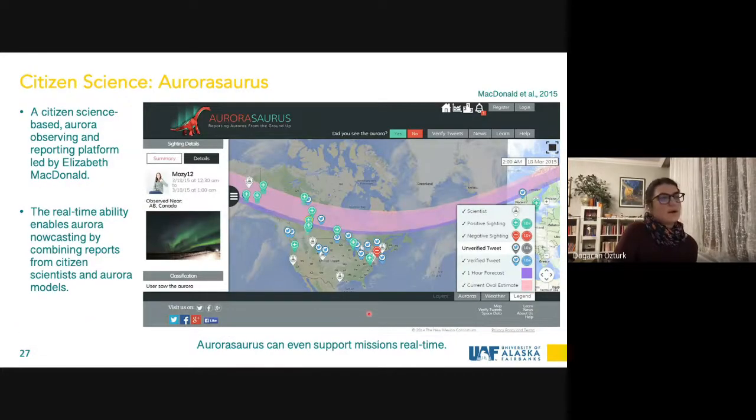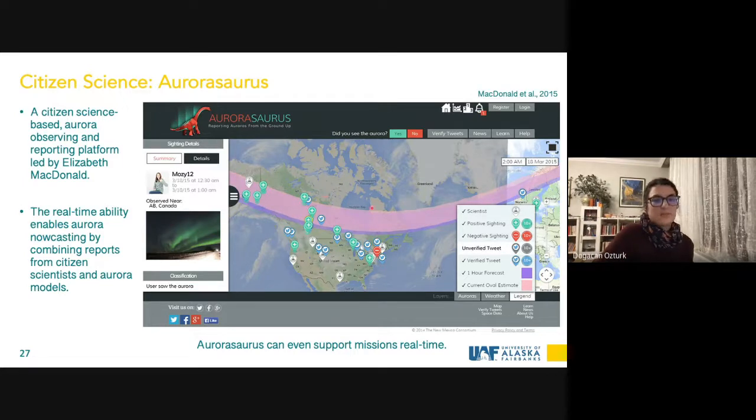Understanding aurora has various benefits, and it also helps us communicate the type of science we do better. One great example of this is AuroraSaurus, led by Elizabeth MacDonald. This is a tweet-based identification system where people who observe aurora tweet what type of aurora they observed, or it has a pipeline that looks at Twitter and tries to pick up tweets that mention aurora.